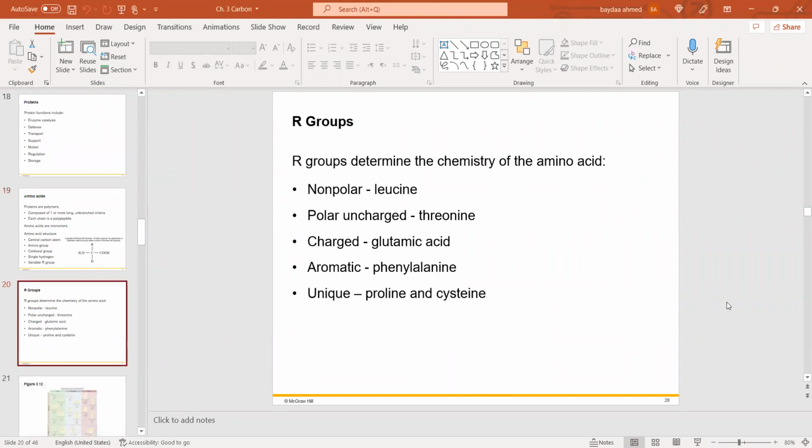R groups determine the chemistry of amino acids, and they could be nonpolar, like leucine, threonine, glutamic acid, phenylalanine, proline, and cysteine. Those are types. We have 20 different types of amino acids in our body. So the R group may be nonpolar, polar uncharged, charged, or aromatic.